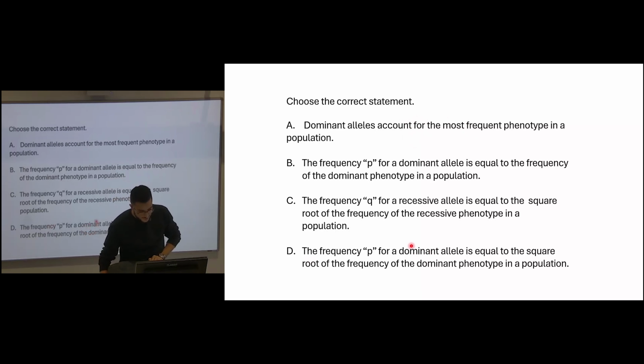Okay, D. So the frequency of P for a dominant allele is equal to the square root of the frequency of the dominant phenotype. So who answered D? Nobody? Do you know what made you think that it's D?